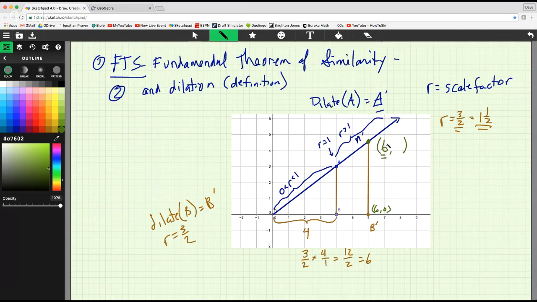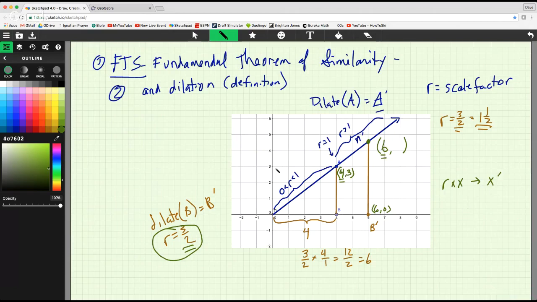And we know our x is 6, which is the same thing as our dilation scale factor times our original x-coordinate. So our dilation factor times our original x-coordinate equals our scaled x-coordinate.